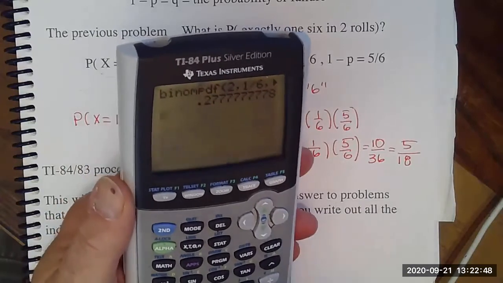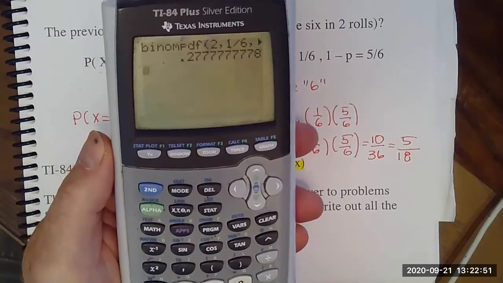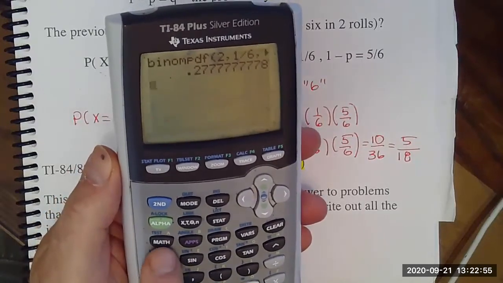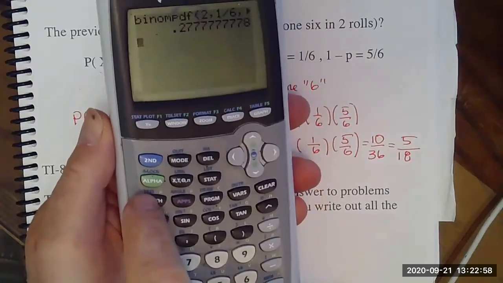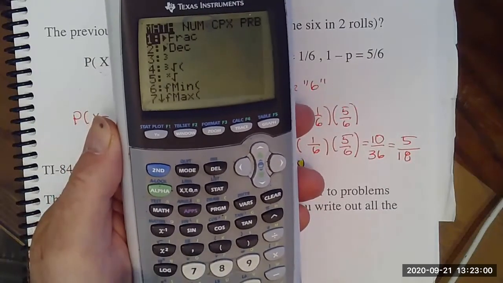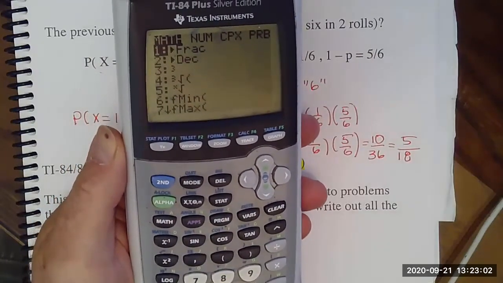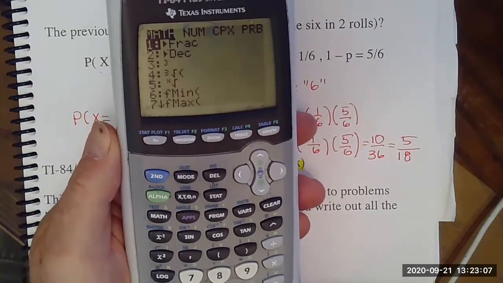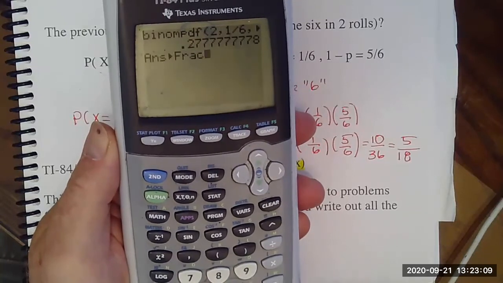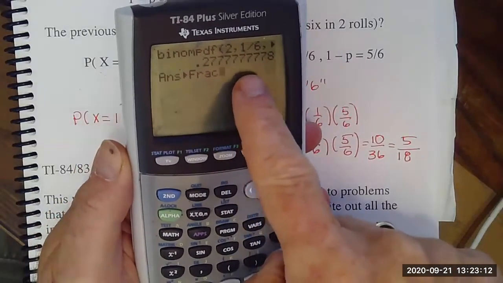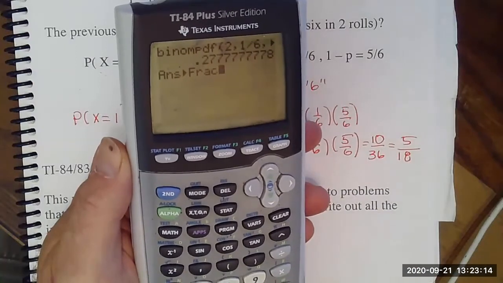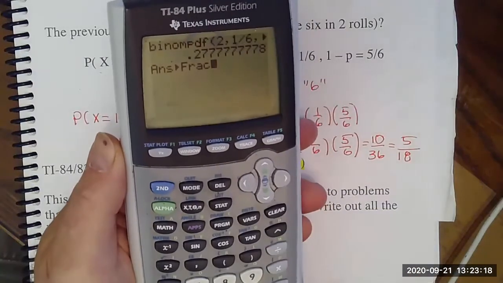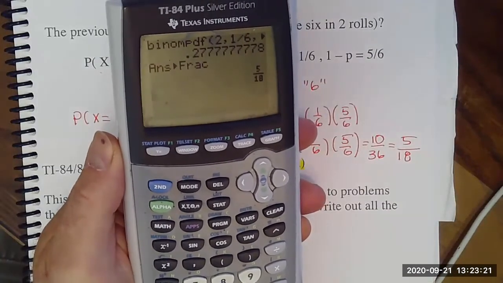Okay, now, Dasha, I think you have the capability of doing this too. So if all of you go to the math button right here, you see the very first one. Dasha, do you have the word frac on yours? Yes. Okay, so all of you hit enter. You still had to have had the 0.2778 up to begin with, because it's going to take that decimal and frac it, meaning it's going to give you the fraction.